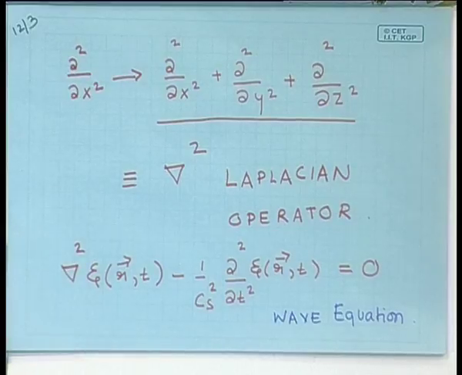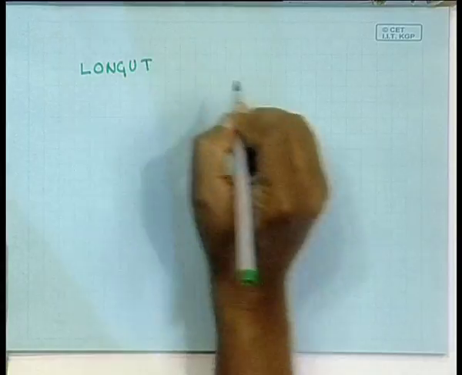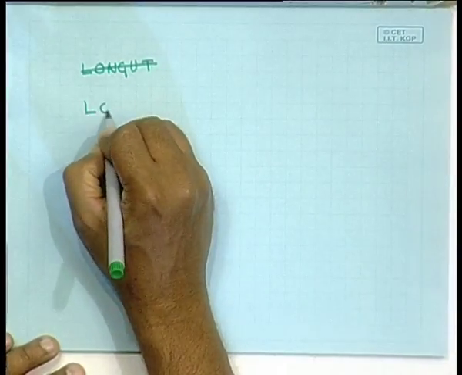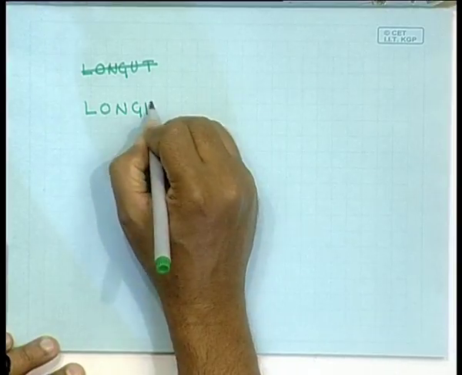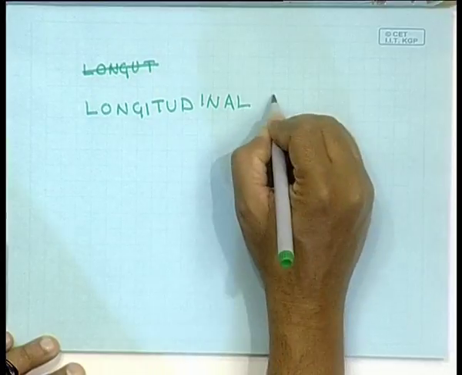Now the first thing that I should tell you is that the waves which we had considered in the last class are what are known as longitudinal waves.